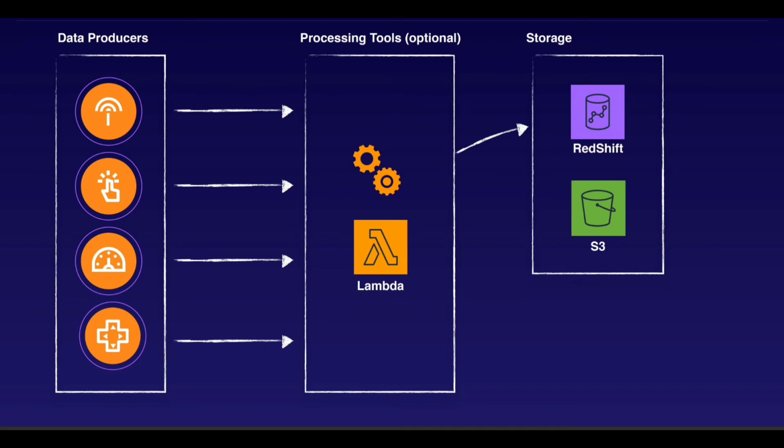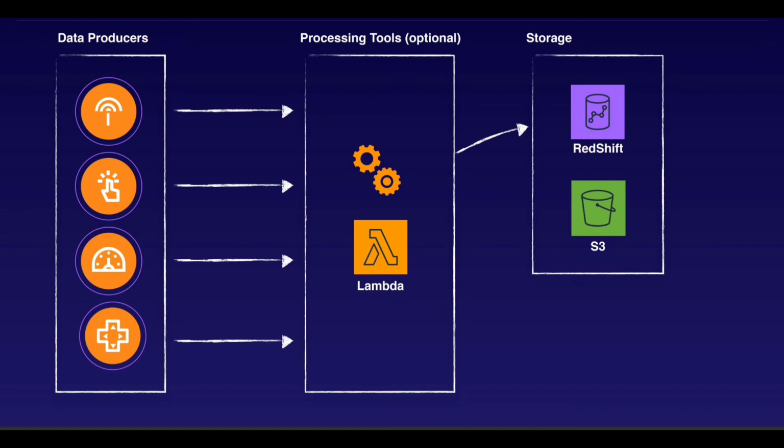With Kinesis Data Firehose, we can land our data onto Redshift, S3, Amazon Elasticsearch, and Splunk. Pre-processing the data with Lambda is optional, so you don't actually have to use Lambda. You could just stream the data directly from Data Firehose all the way to the store. So Firehose is going to be your delivery service for streaming data.